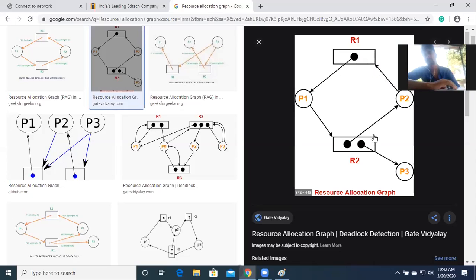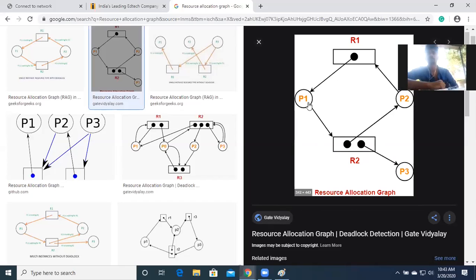Now consider resource 2. Resource 2 is having two instances. Because of that, at the same time, resource 2 is assigned to P2 as well as P3. In the same time instance, resource 2 is assigned to P2 as well as P3 because it has two instances.